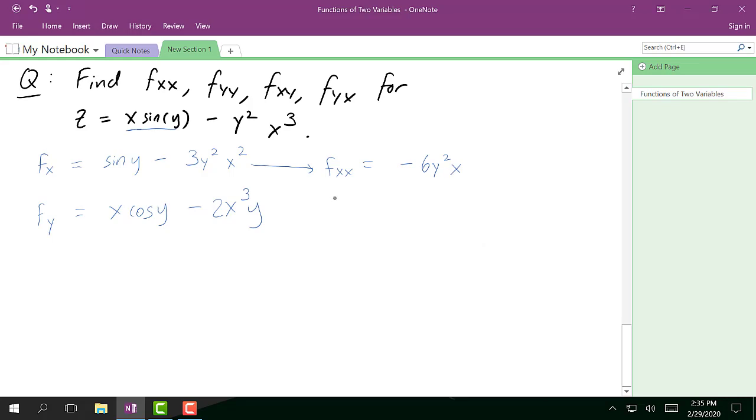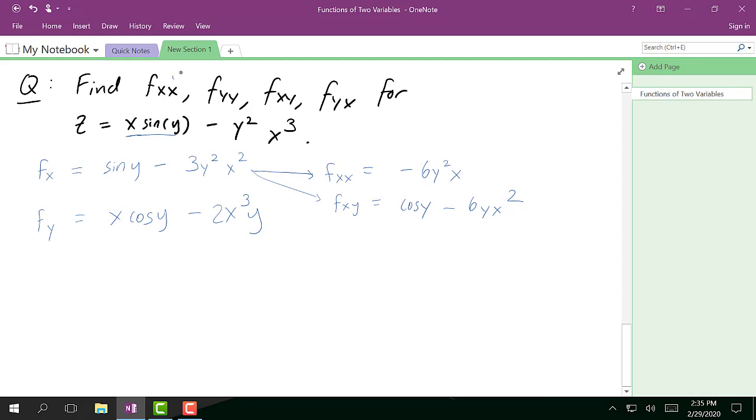For fxy, we take the function we just had and take its derivative with respect to y, and we get cosine of y minus 6yx squared. So we're good on fxx and fxy.